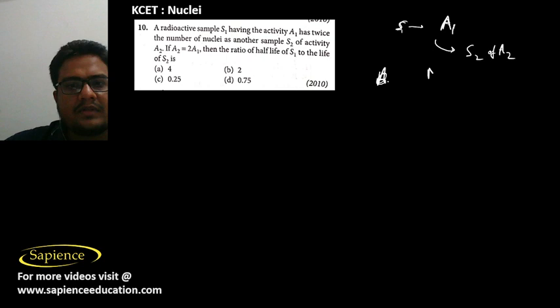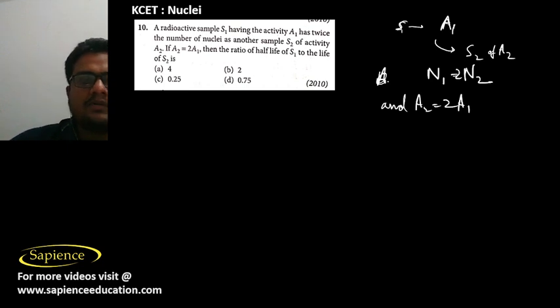So radioactive sample S1 has number of nuclei, suppose N1, that's twice the number of nuclei of another sample S2. It means N1 is equal to 2N2 and A2 is equal to 2A1.